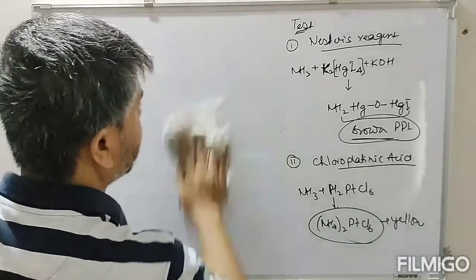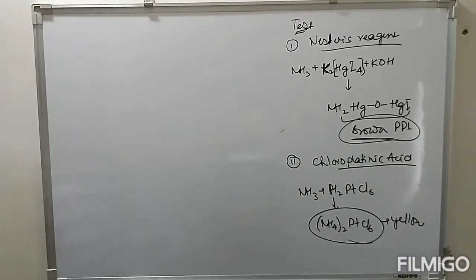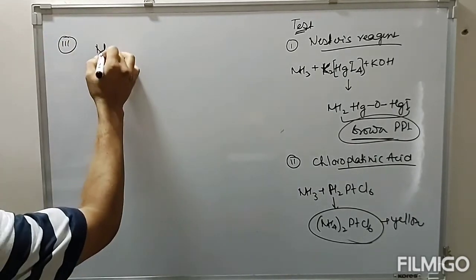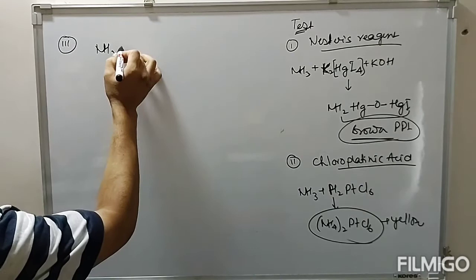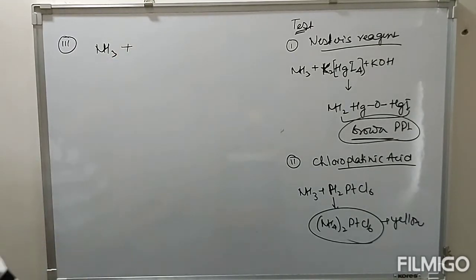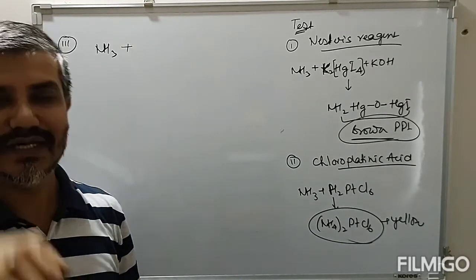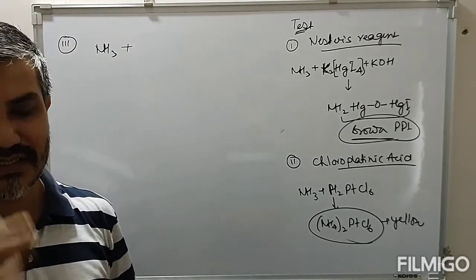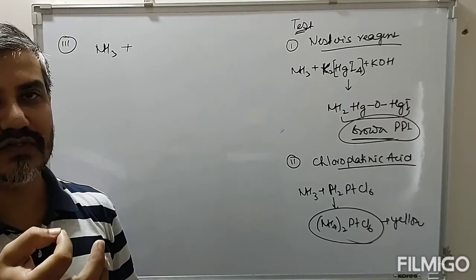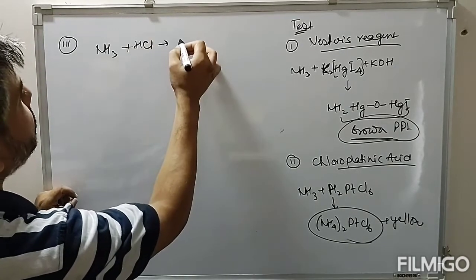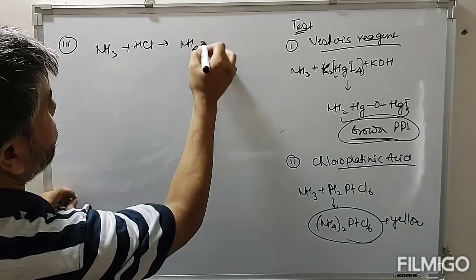Apart from this, for ammonia vapor, we take a glass rod, dip it in HCl solution, and place it at the mouth of a solution containing ammonia. This gives white fumes, so ammonium chloride is formed.